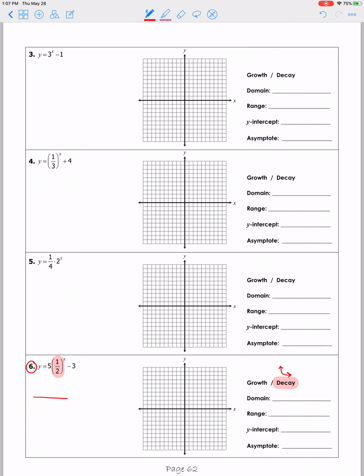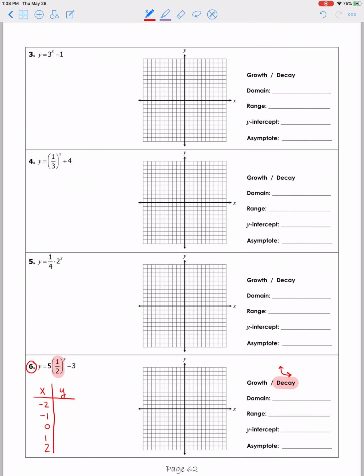To create our table of values, you are welcome to use a calculator or Desmos to do this. We still probably want to go from -2 to positive 2. It just really gives you a great place to start.